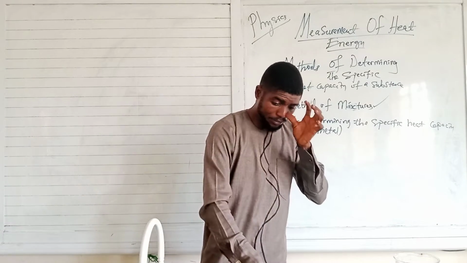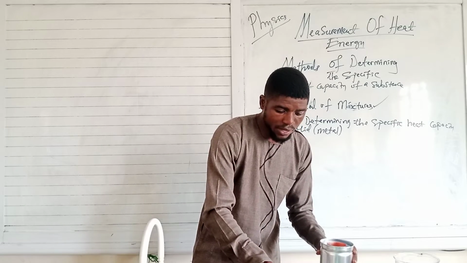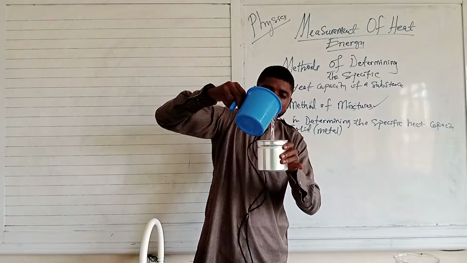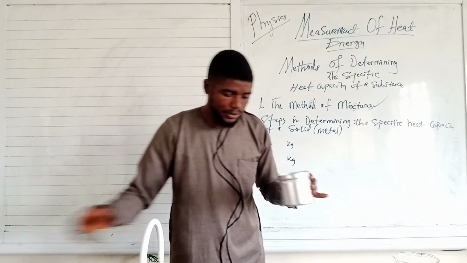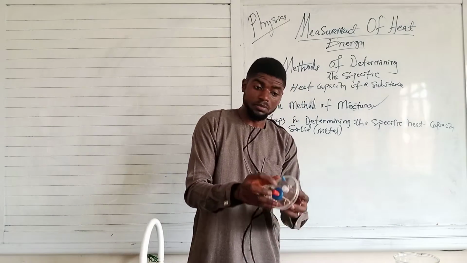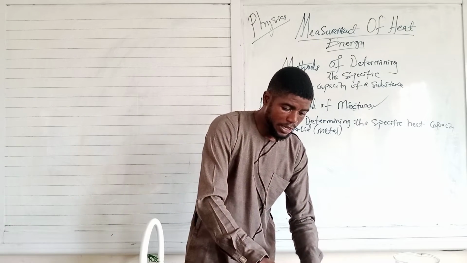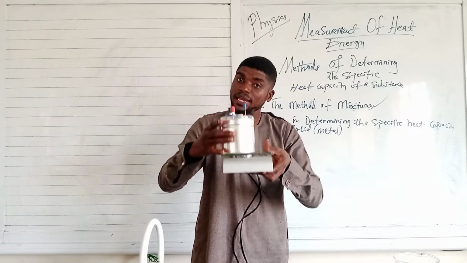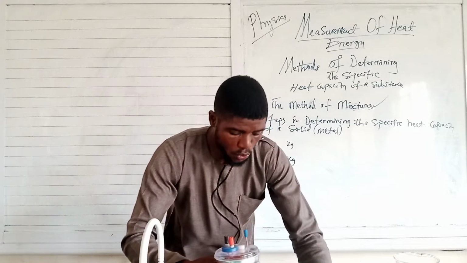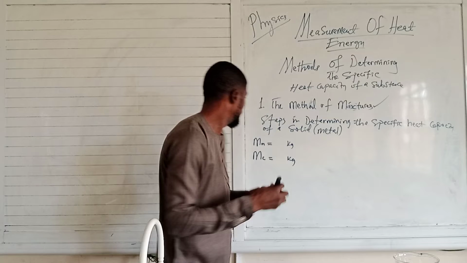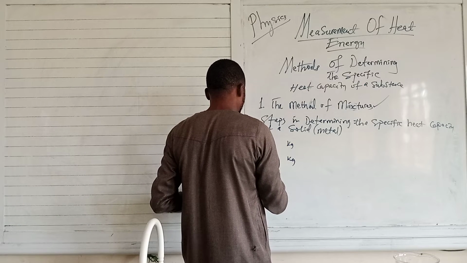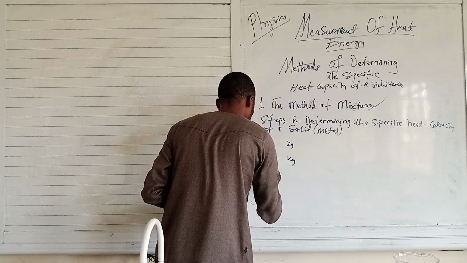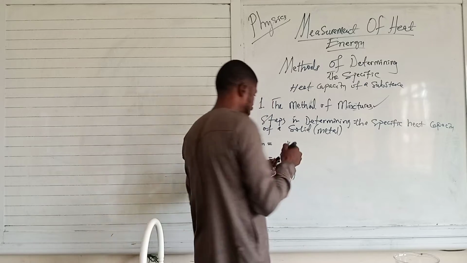The next step is that you carry water and pour it inside the calorimeter. So this time around, we say mass of calorimeter plus water will be weighed. Can you see that? So we record that result down. We say that mass of calorimeter and water, that is MCW, is also weighed in kilogram.